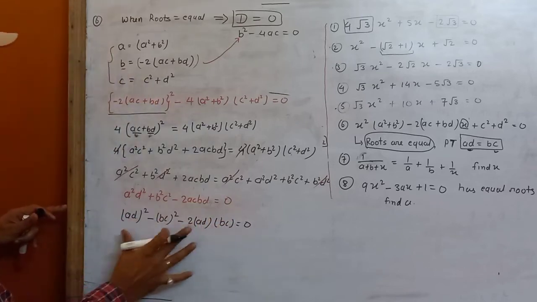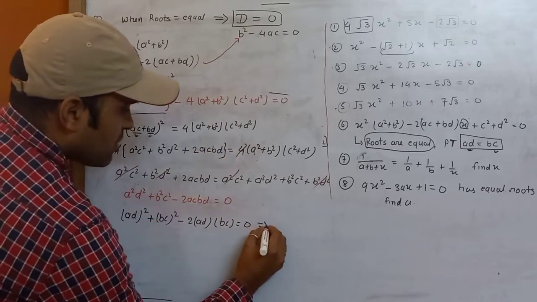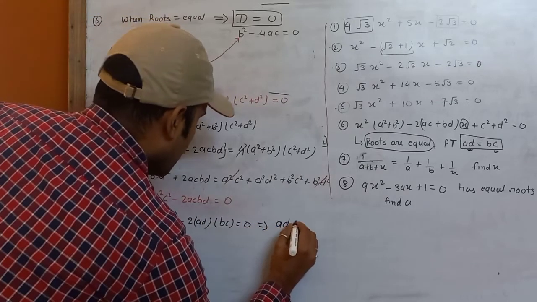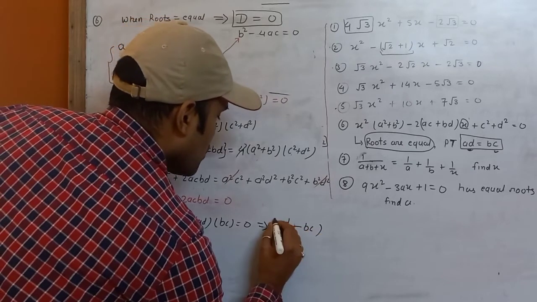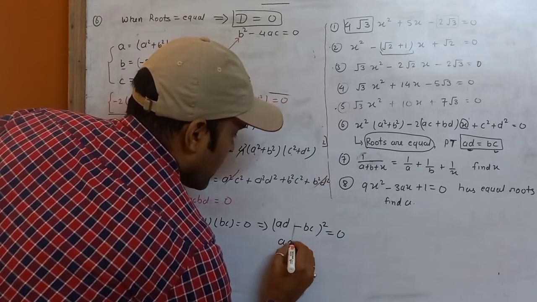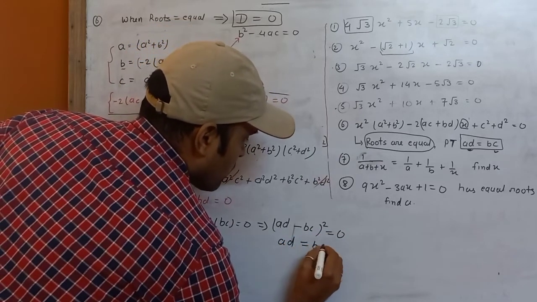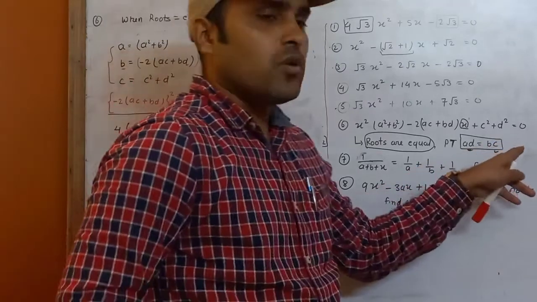So this is the formula of A minus B whole square. It can be written as AD minus BC whole square is equal to 0. So removing the square, AD will be equal to BC. You got the proof? Okay.